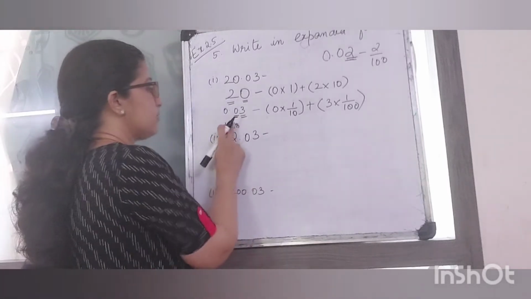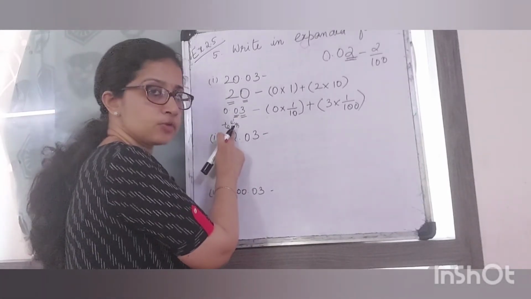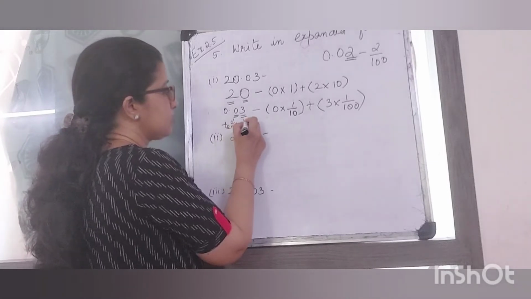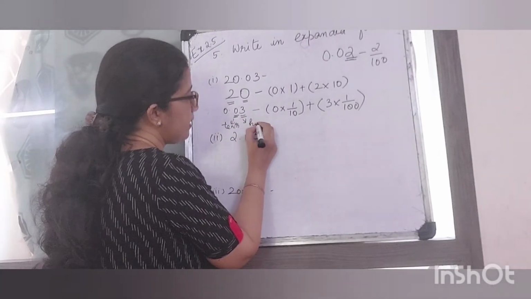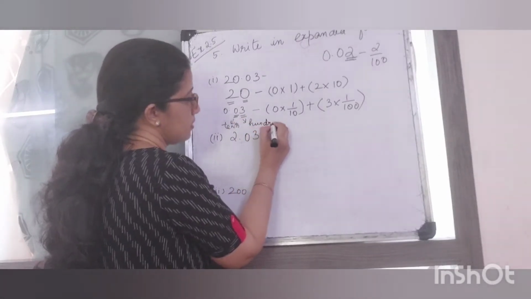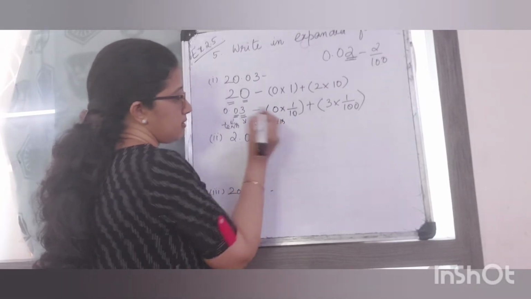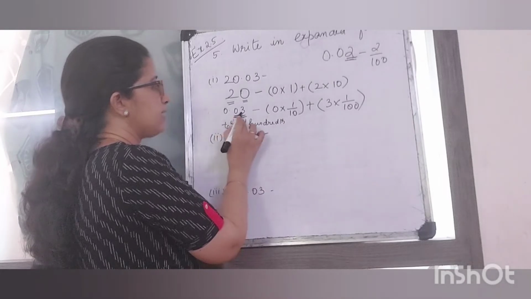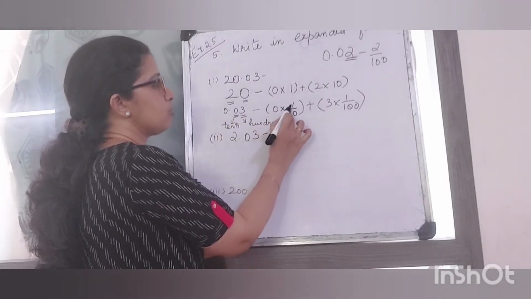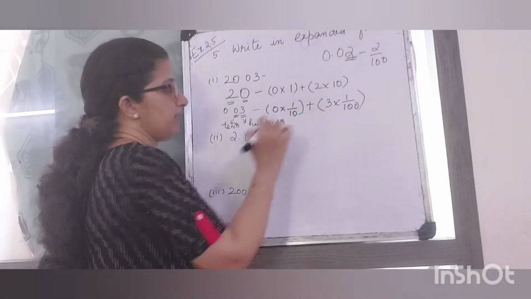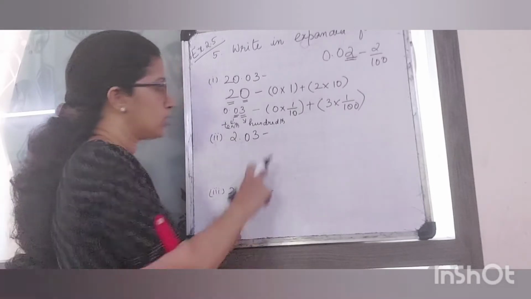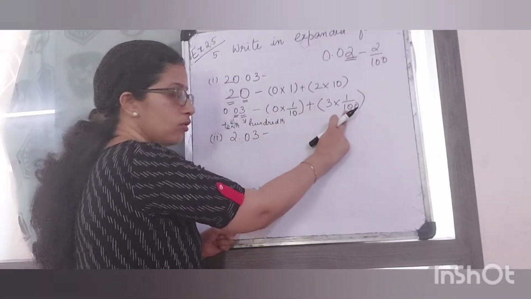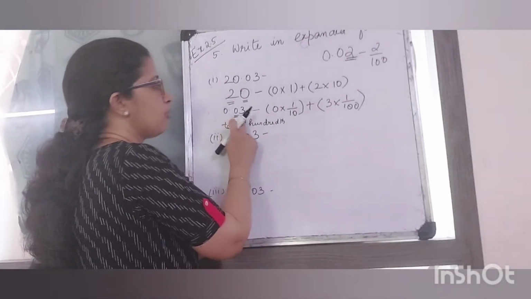The first position is the tenths position and the second position is the hundredths position. So when we expand this decimal, we get 0 into 1 by 10 plus 3 into 1 by 100. If we solve these two, we will get the answer 0.03.